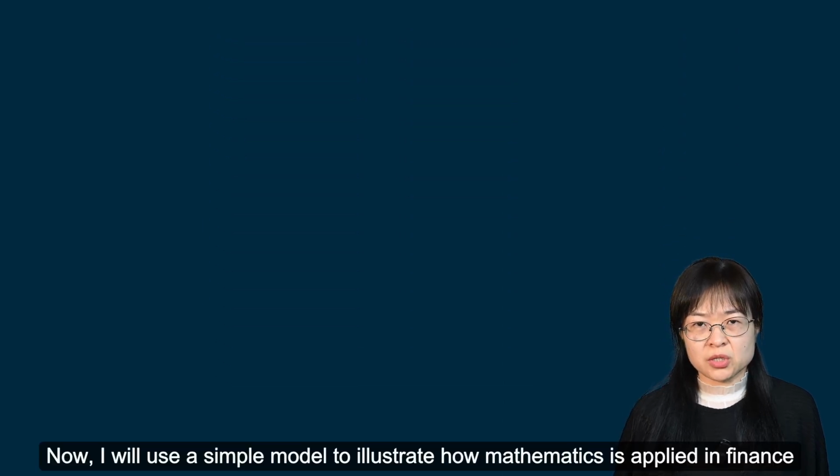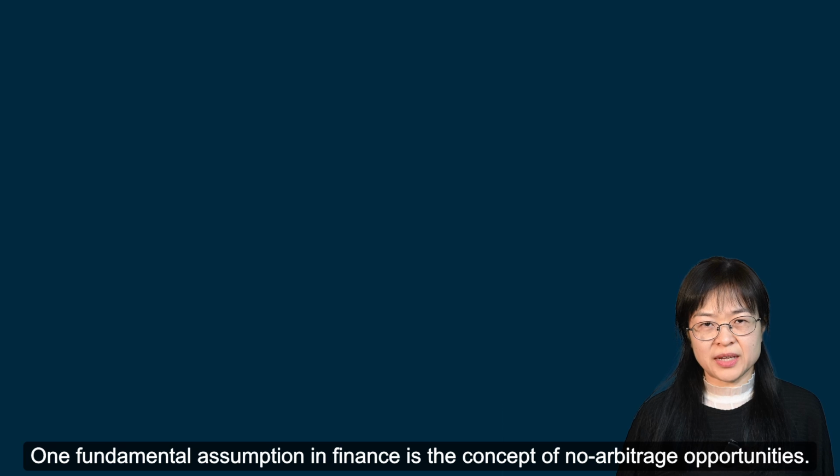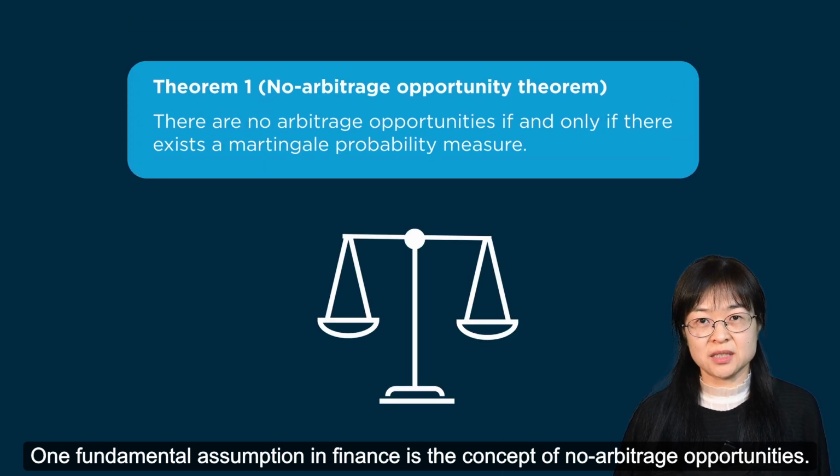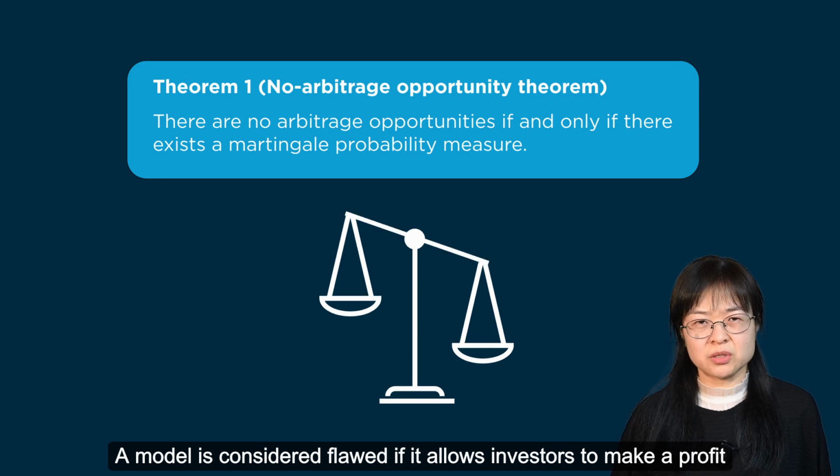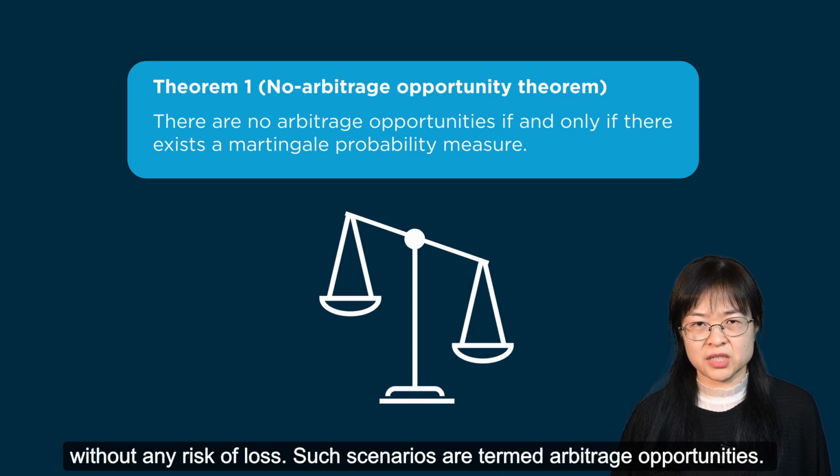Now I will use a simple model to illustrate how mathematics is applied in finance. One fundamental assumption in finance is the concept of no arbitrage opportunities. A model is considered flawed if it allows investors to make a profit without any risk of loss.